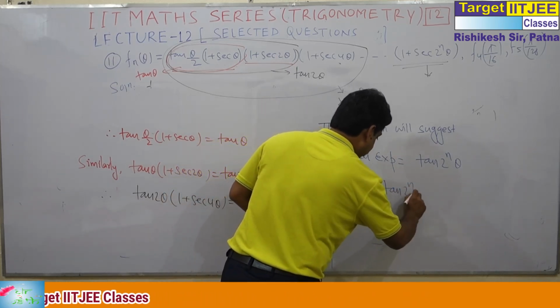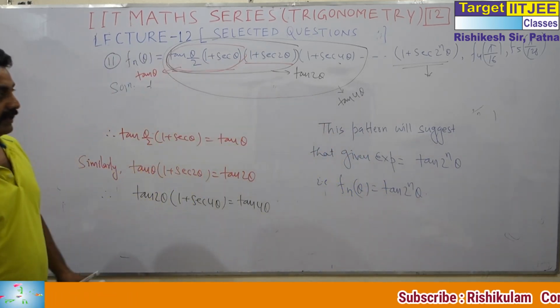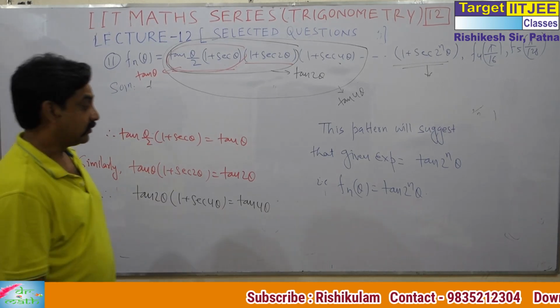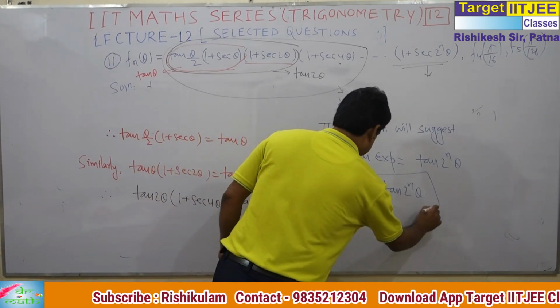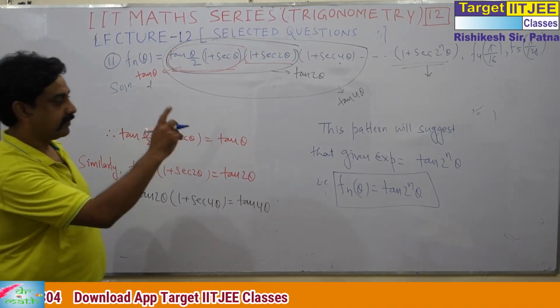Tan 2 to the power n theta pattern. I have done some questions on pattern today. Tan 2 to the power n theta. This one is the expression. Analyze it. Think it. Now what we have to find?